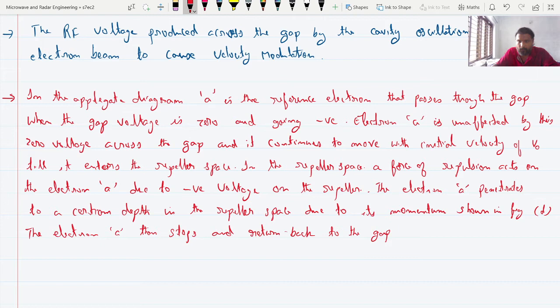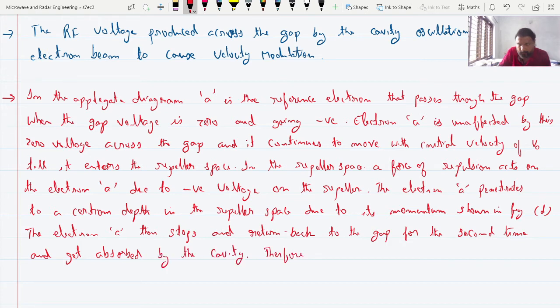And get absorbed by the cavity. So what can I write? Therefore, the electron A will trace a curved path, a curved path.